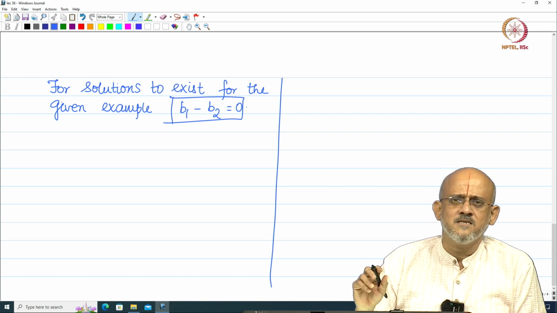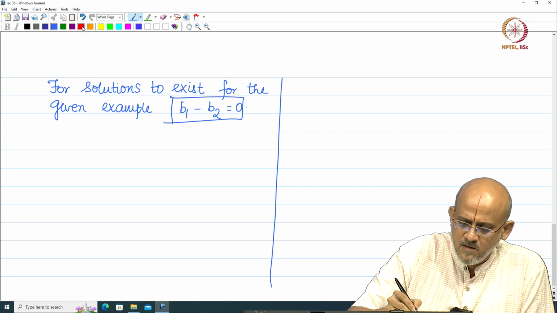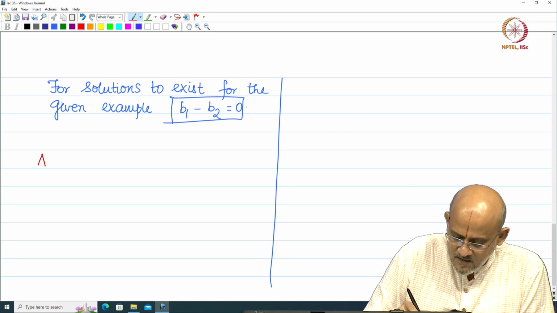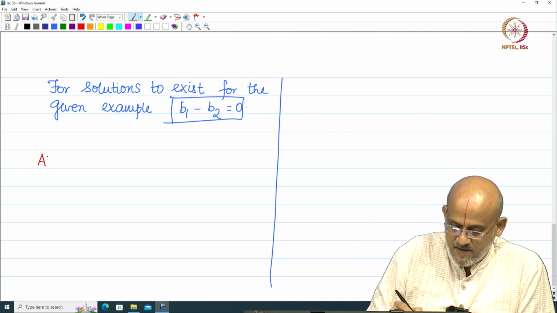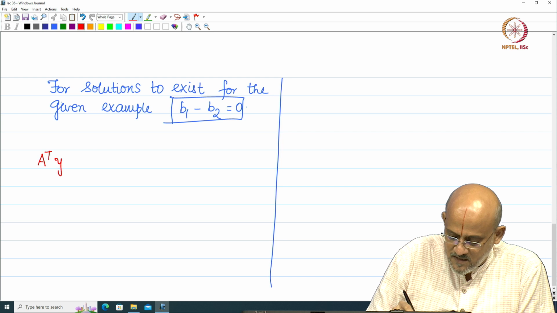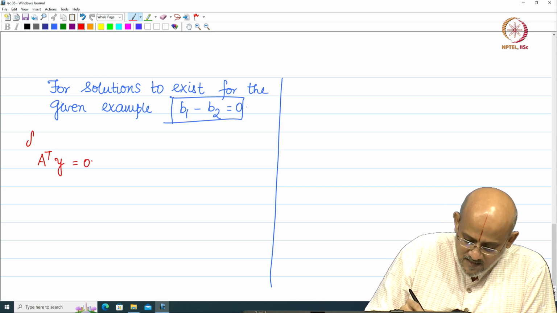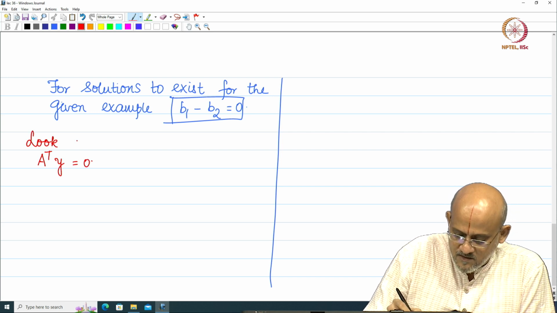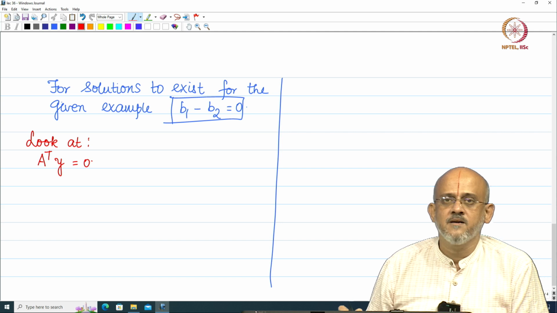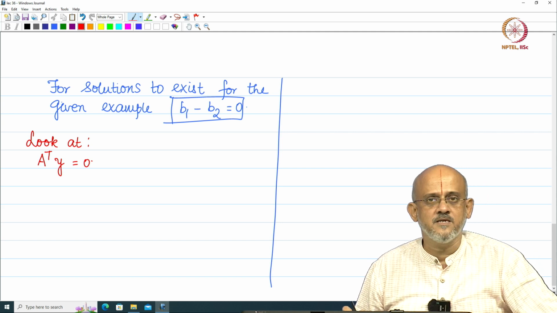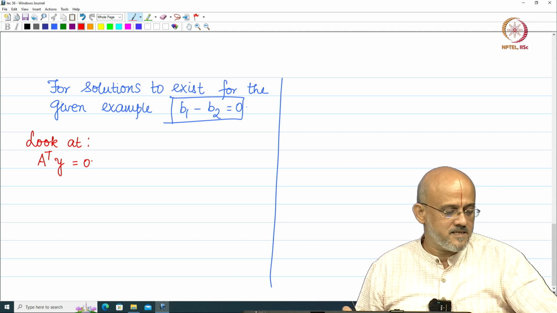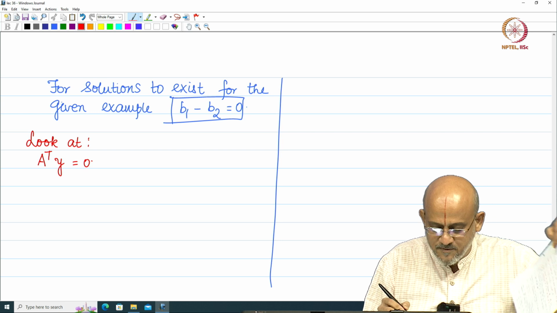Now I will do a small exercise here. I want to look at what happens to the homogeneous system of equations A transpose y is equal to 0. Look at A transpose y is equal to 0 and we will find out something interesting here. So what is A transpose here?